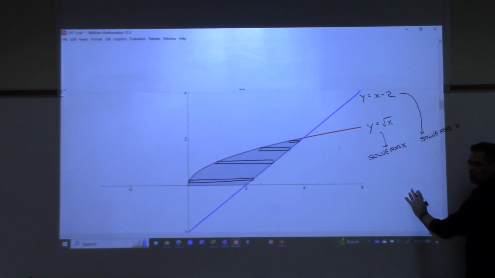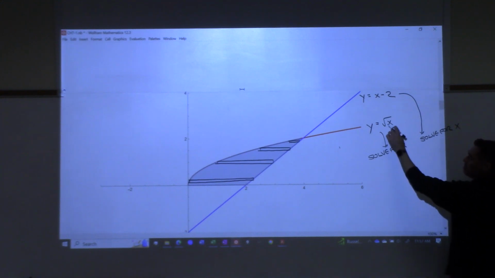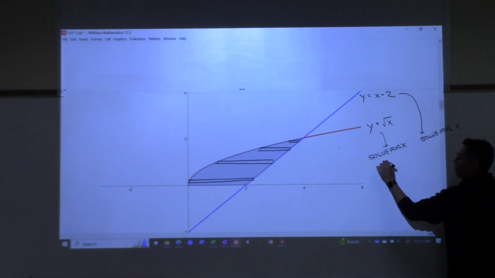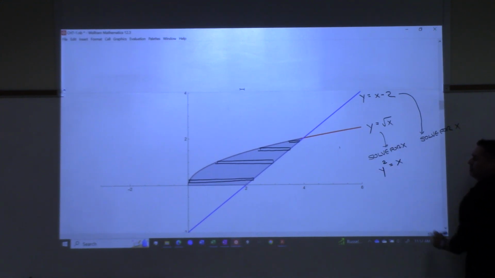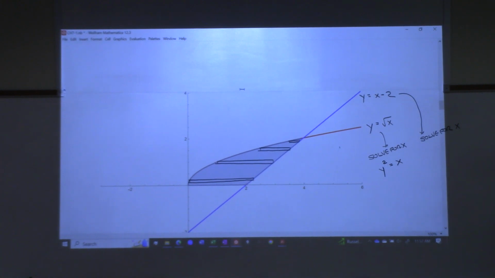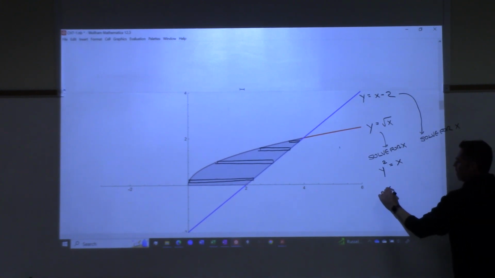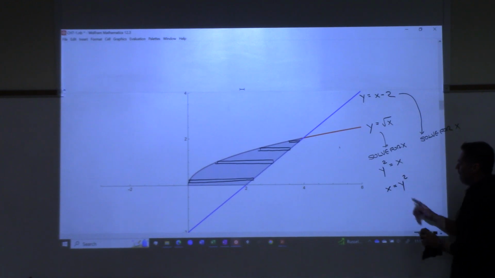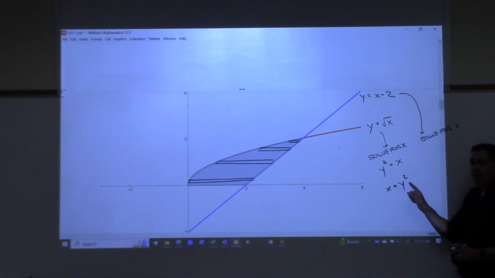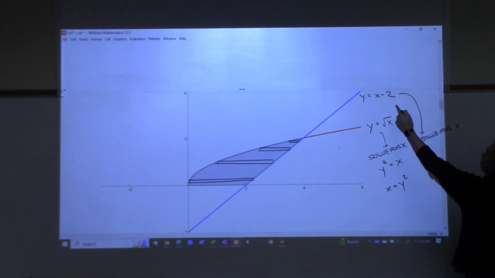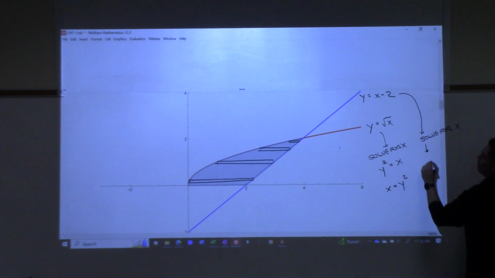Square both sides, and you get y squared equals x. Now you could write that as x equals y squared. See, x depends on y. You give me y, I give you x, right? So x is now a function of y. And then that one is even easier to solve for x. You just add 2 to both sides. So x equals y plus 2.